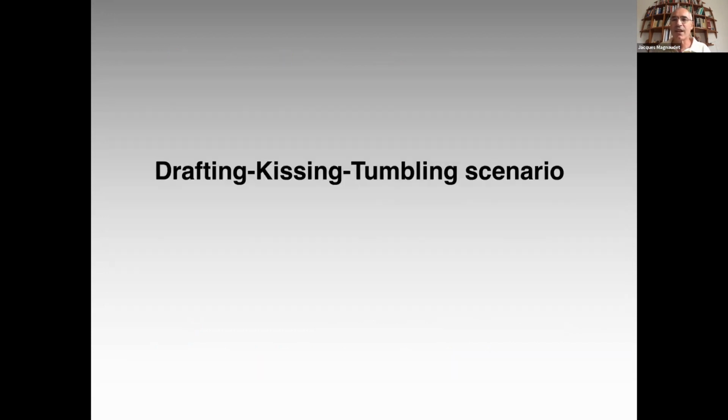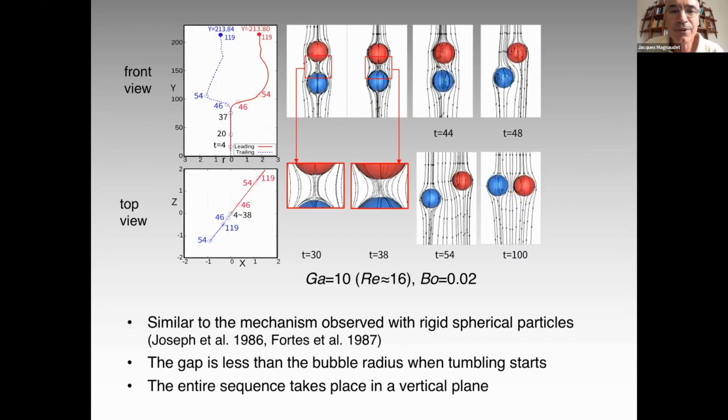Okay, so let's have a closer look at the DKT scenario. Here you can see a series of streamlines about the two bubbles. You see that the two bubbles get very close with the streamlines still axisymmetric. But at some point, there is a small asymmetry that sets in the gap. So you see here the zoom in the gap, and you see that there is some asymmetry starting here.